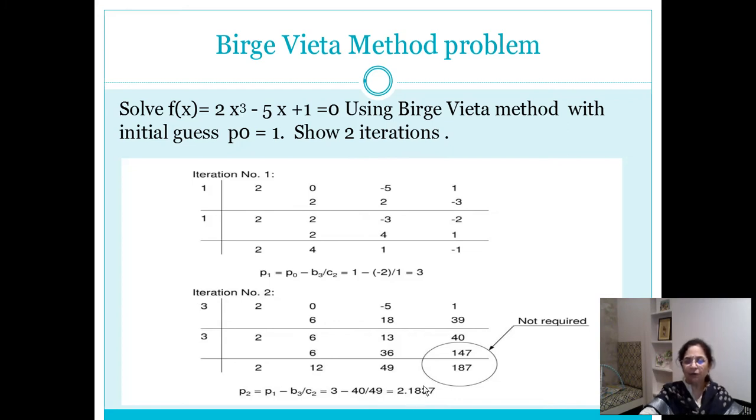Gradually, for this value now, Bn value will surely be less than 40, it will be moving towards 0. And we will obtain the final value of P, the root, which we are trying to identify using Bairstow-Vieta method, using these iterative methods.